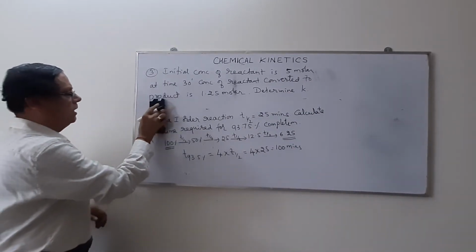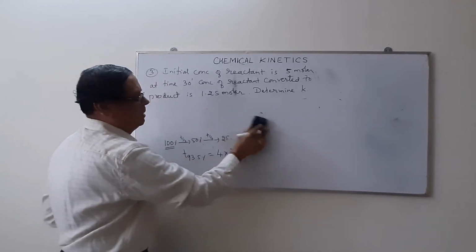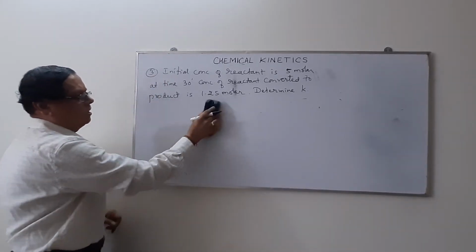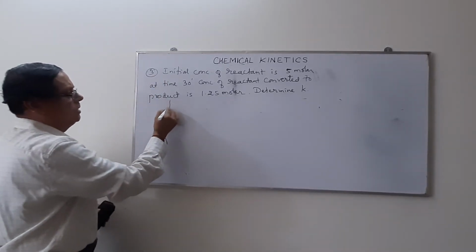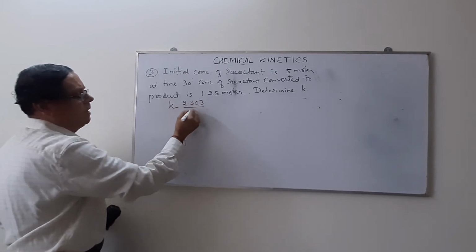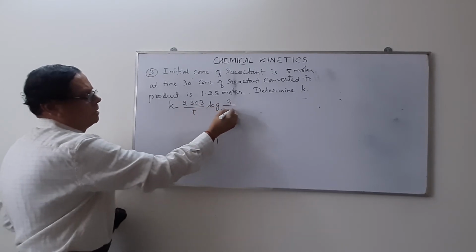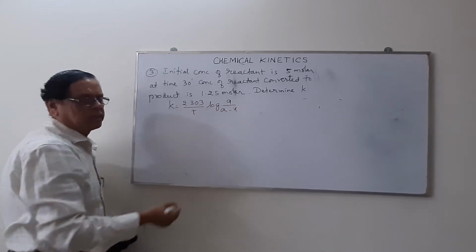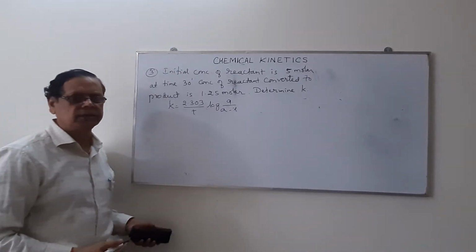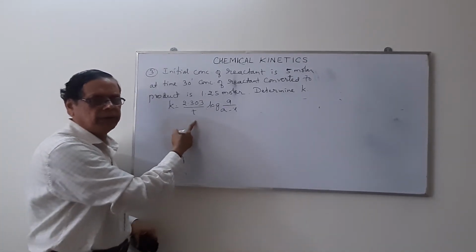So you are supposed to calculate the K value by directly using the rate equation. For the first order reaction, we have K is equal to 2.303 divided by t log a by a minus x. This type of question will be given in the board examinations. So first you directly write the equation. For this there will be some marks.